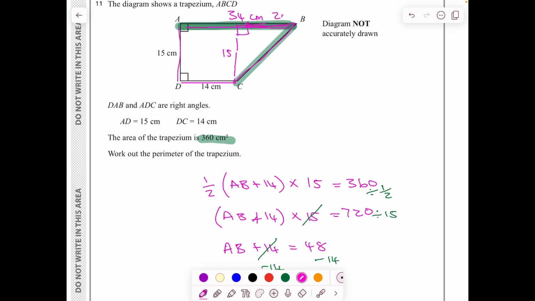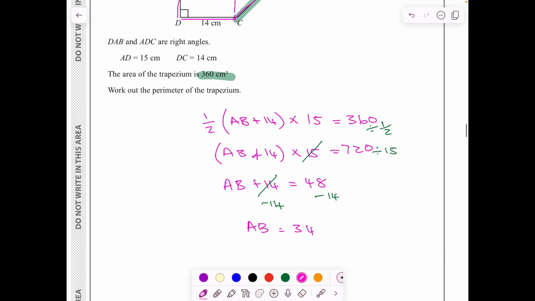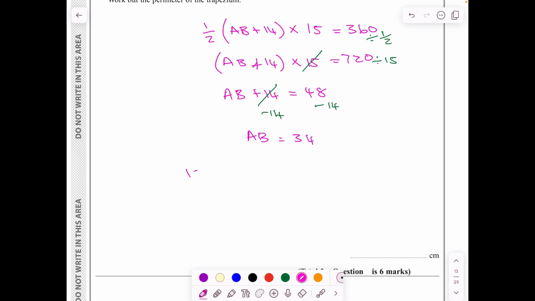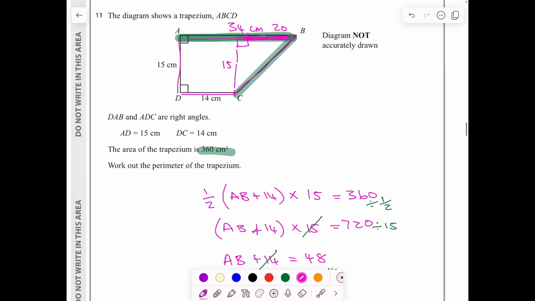So here must be 20, just this bit here must be 20. So I'm going to use Pythagoras, it's the longest side, so I'm going to do 15 squared plus 20 squared, which gives me 625. Then square root 625 gives me 25. So I know now that my diagonal is 25 centimetres.